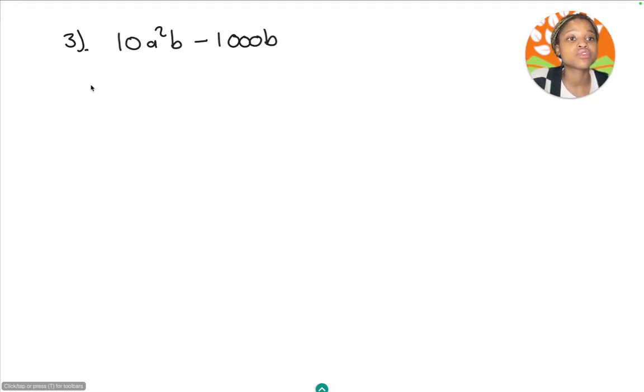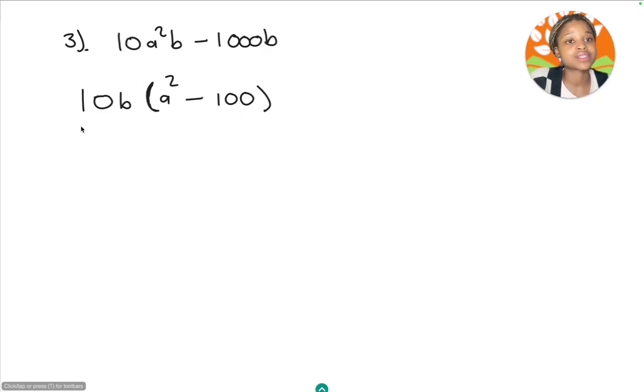Okay, let's look for a common factor. Definitely 10 and the b. So it's 10b. Now we've got a squared minus 100. Remember, when you're taking out the common factor, it's just a matter of dividing the term by the common factor to get what's in the bracket. Okay, this is a perfect square. This is a perfect square.